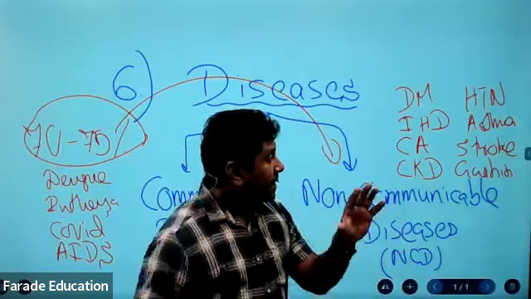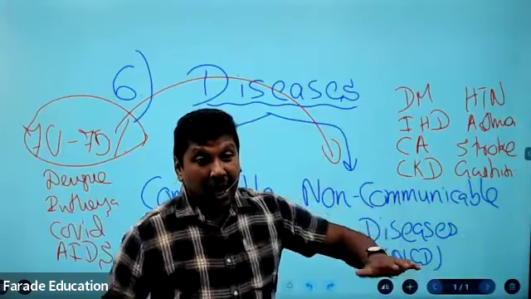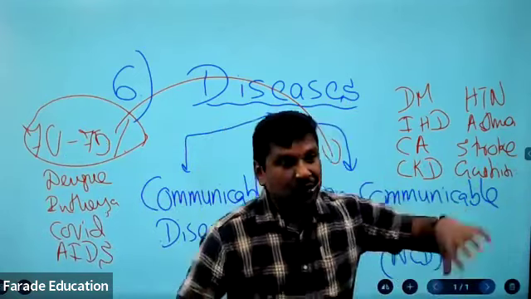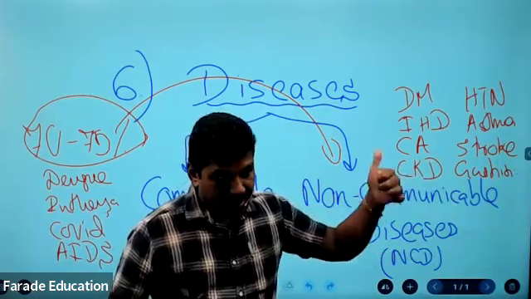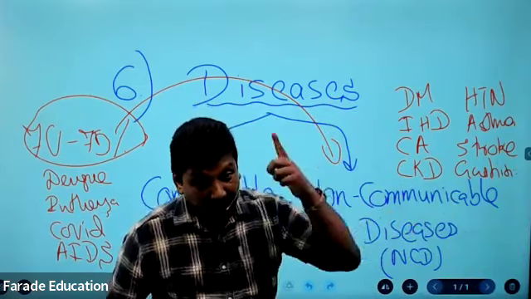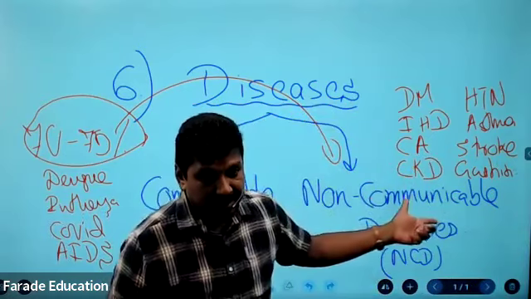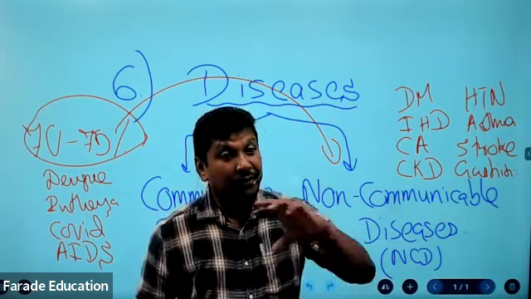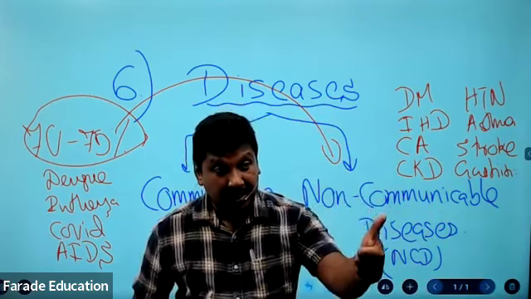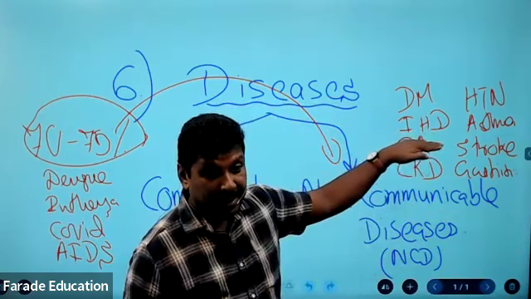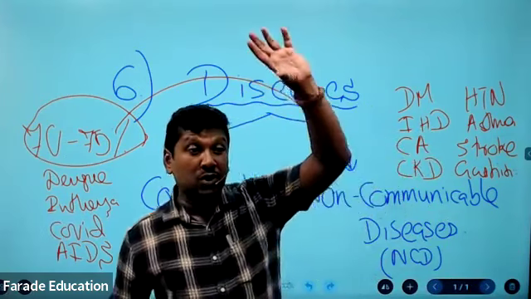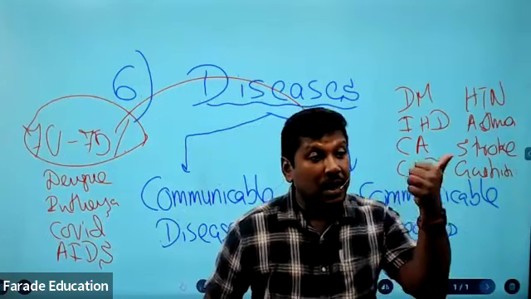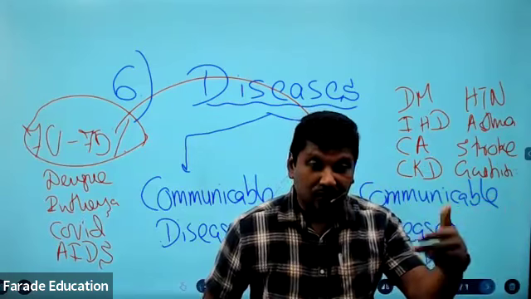Because the more dangerous means majority of the population get caught to this one. Number one. Number two, majority of the people die from these diseases, right? So if you take the world population, number one risk is the ischemic heart disease or the heart attacks. That is the commonest cause of death. People die from heart attacks, not from war, not from anything.